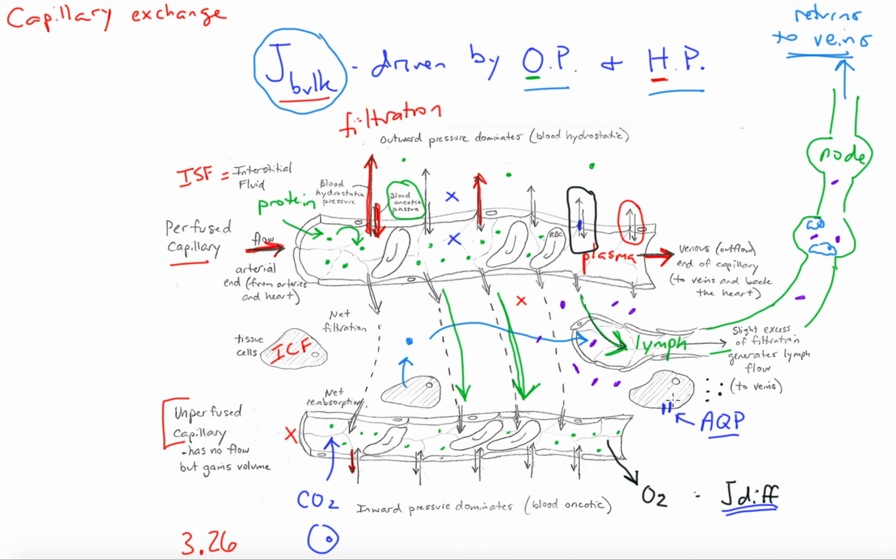So it means your plasma is cleansed multiple times a day. Well, not plasma per se, but the interstitial fluid produced from the plasma due to filtration is cleansed multiple times a day. Okay, and that is capillary exchange driven by oncotic pressure.